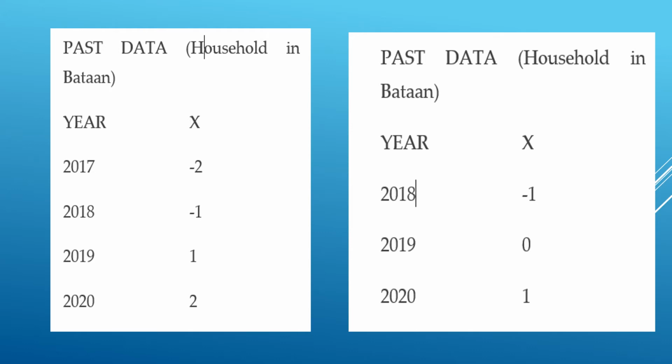Okay, so on our right, another example: what if 3 years were given to us? 2018 up to 2020. So, 3 years, 3 is an odd number, and it has a middle, which is 2019, so you assign 0 to it.